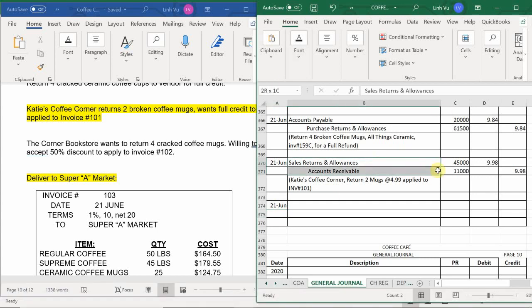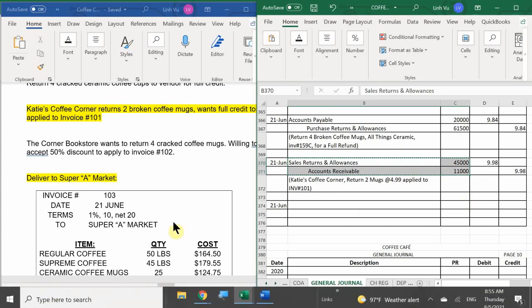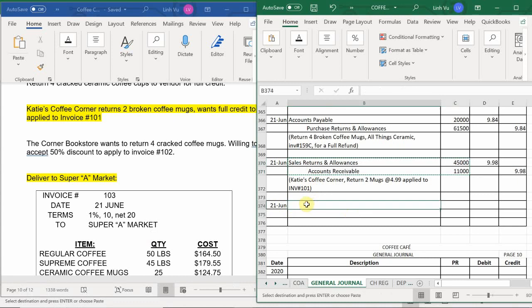Yes, let's copy and paste them. But this time, what is different? We're still going to charge them 50%.